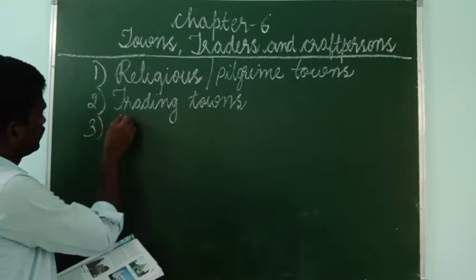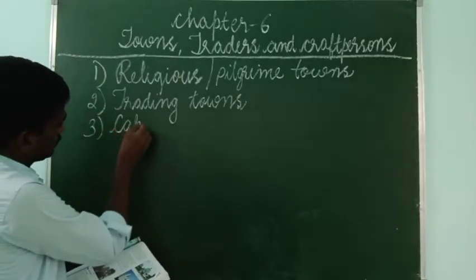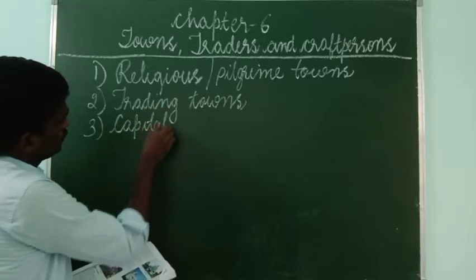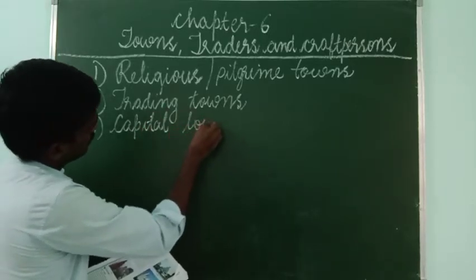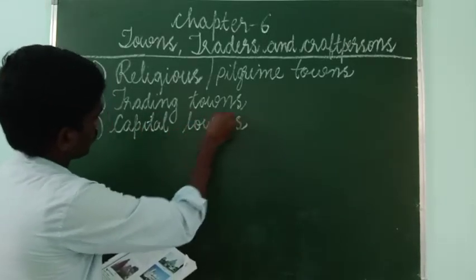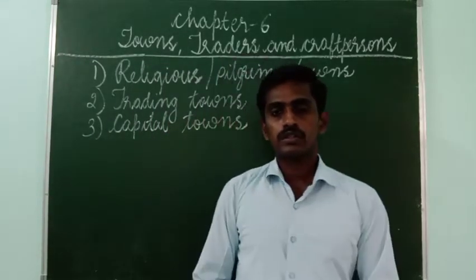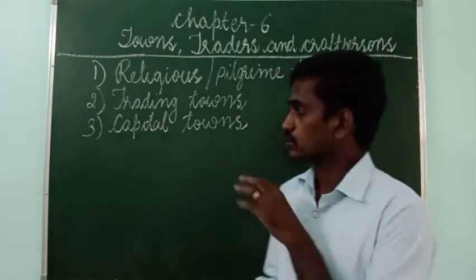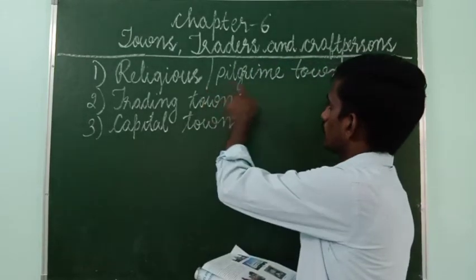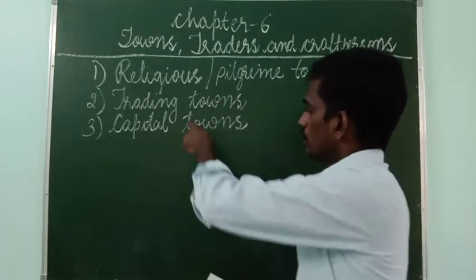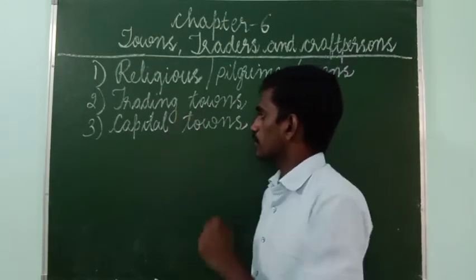Last one, capital towns. So towns that grew can be classified into three categories: religious or pilgrim towns, trading towns, and capital towns.